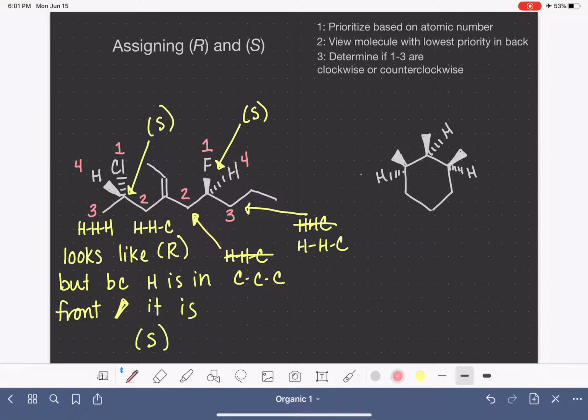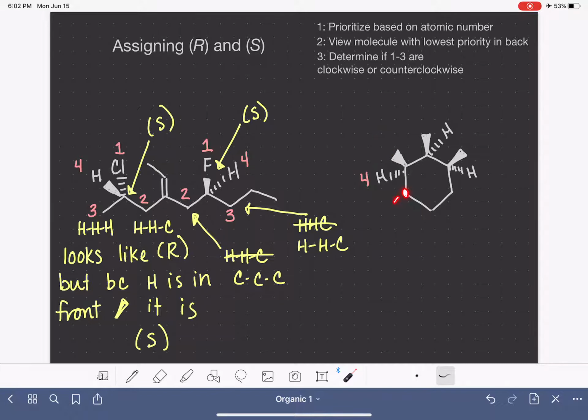Let's start by assigning priority to this particular carbon right here. We know that the hydrogen is going to be the low priority group for this carbon. The other things attached to this carbon are a carbon and a carbon. So that's a three-way tie. We have to look at what is attached to each of these 3 carbons. This is a carbon with 3 hydrogens.